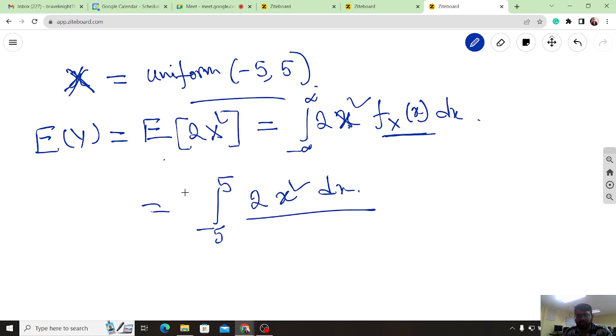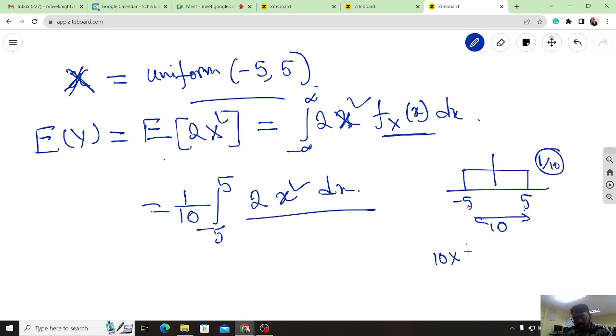And why is it within this interval, what will be the value? It will be 1 by 10, because for a uniform distribution between -5 to 5 the distance is 10.